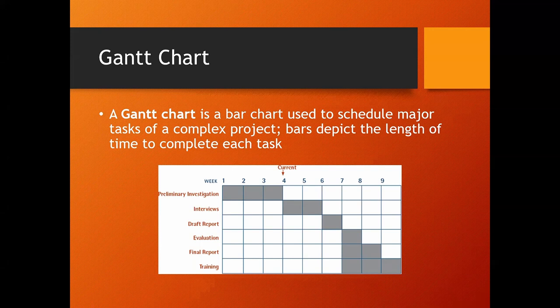So if that preliminary investigation were to take, say, 5 weeks instead of 4, the way a Gantt chart works is that all of the ones below that, the interviews, the report, the evaluation, the final report, and training, would all then move to the right 1 additional week. So it is definitely helpful to see if projects are going to be completed on time, how delays are going to affect you down the road, and things of that nature.